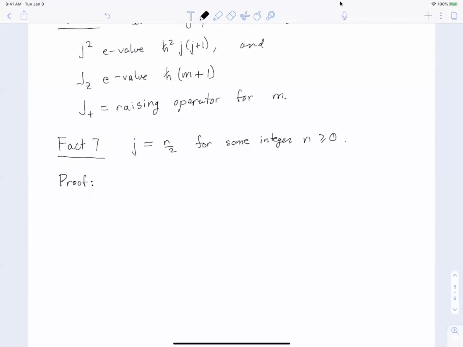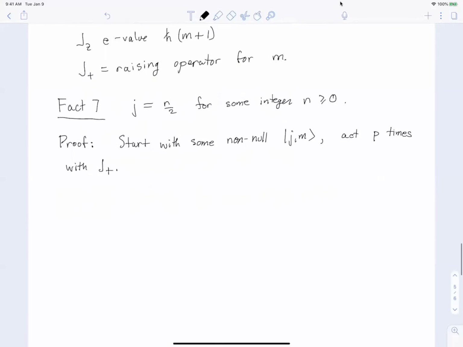So to prove this, let's say we just choose any eigenstate jm. So start with some non-null jm. And it doesn't actually matter too much what we start with, as long as it's non-null. And we're going to act p times. P is some integer, number of times that we're going to act with j plus.